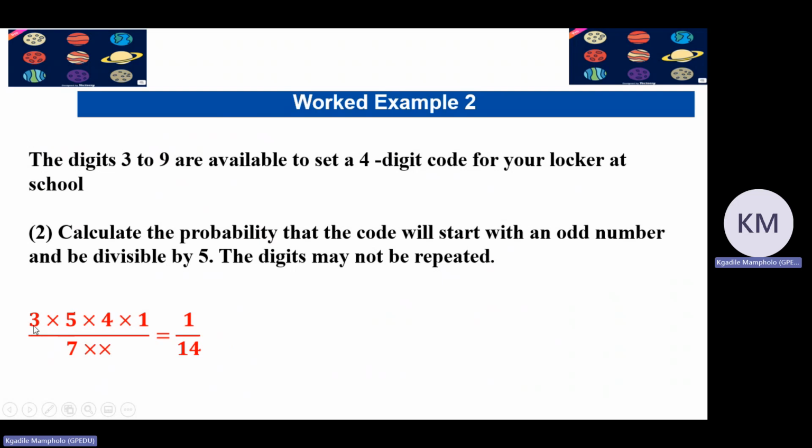Then for a number to be divisible by 5, it should end with 0 or 5, but here 0 is not included. Then it's 1. It means at the end we can only have 5 for this number to be divisible by 5. Then from there we'll be left with 5 numbers.